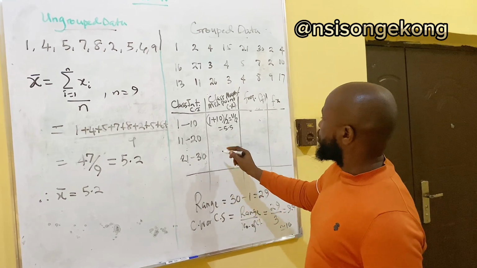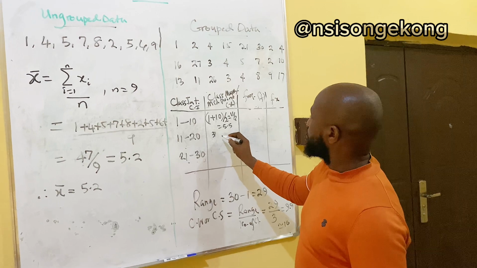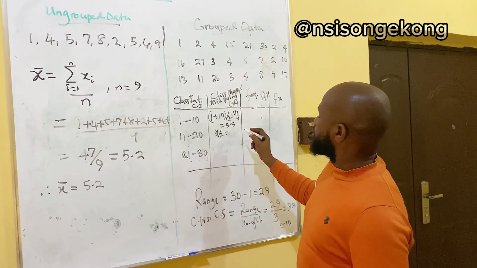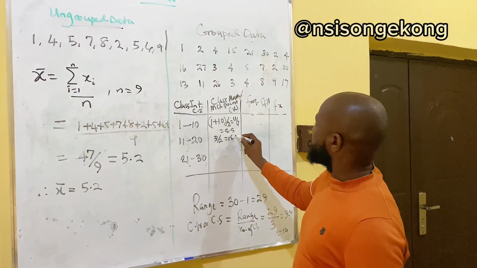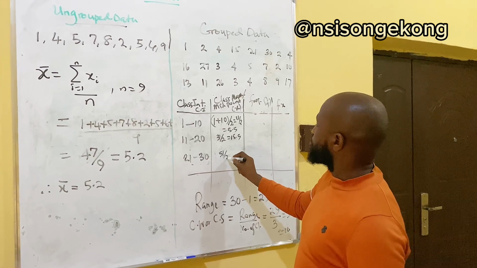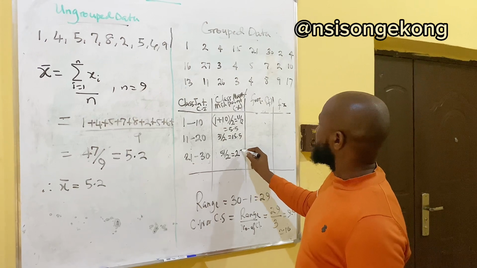The same thing is done here. We have 31 over 2, which is about 15.5, and here is 51 over 2, which is 25.5.